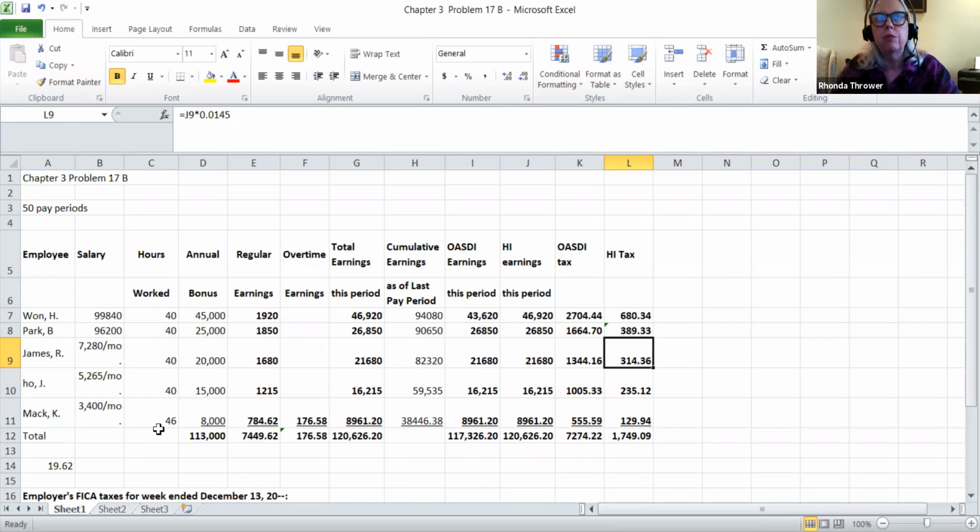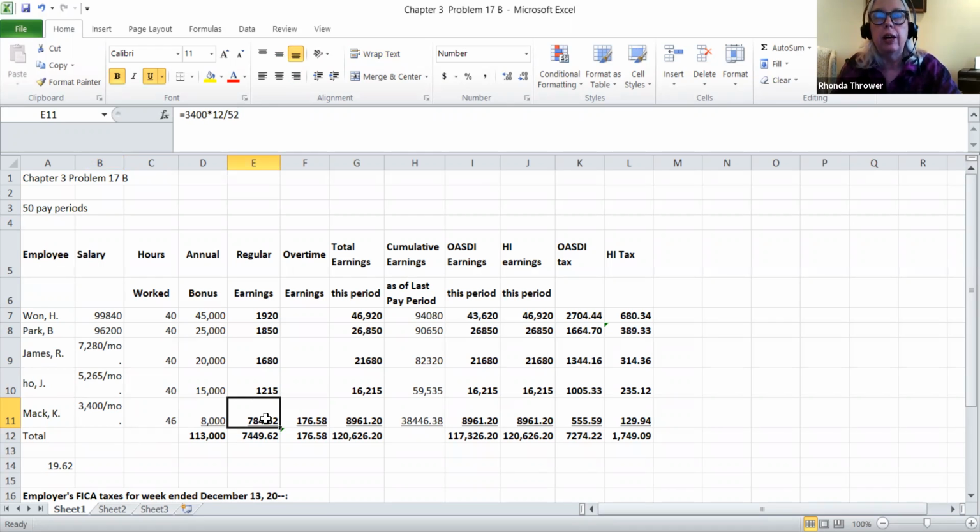So let me go back for just a second to the MAC person. We would have to determine what his overtime earnings are because he worked 46 hours. To do that, I have to annualize my monthly salary, take 3,400, multiply it by 12 to get the annual salary, divide the annual salary by 52 to get your regular earnings.